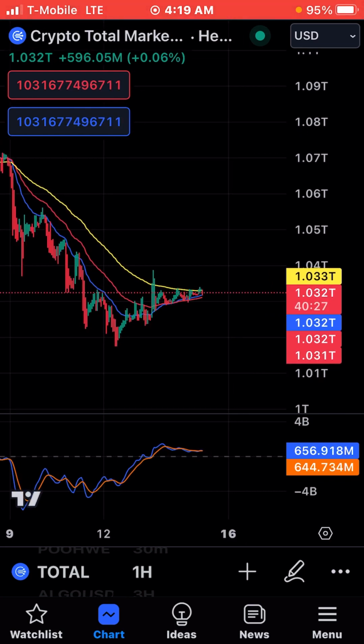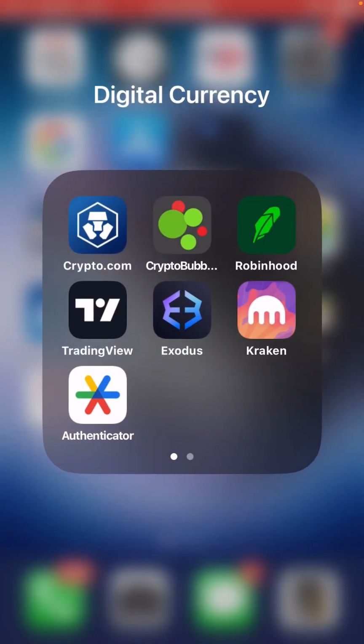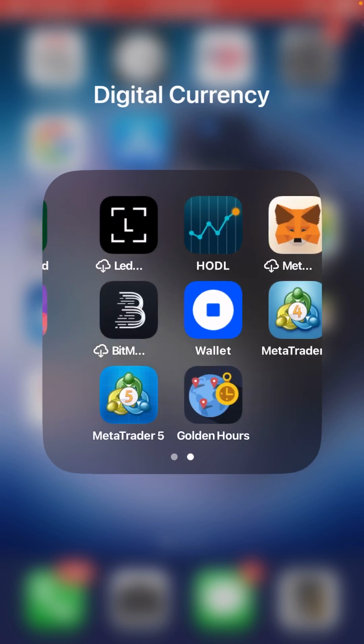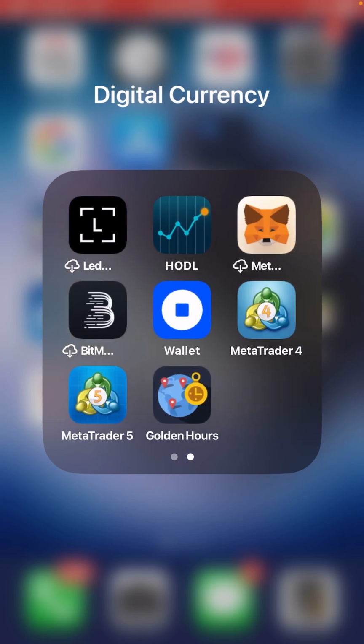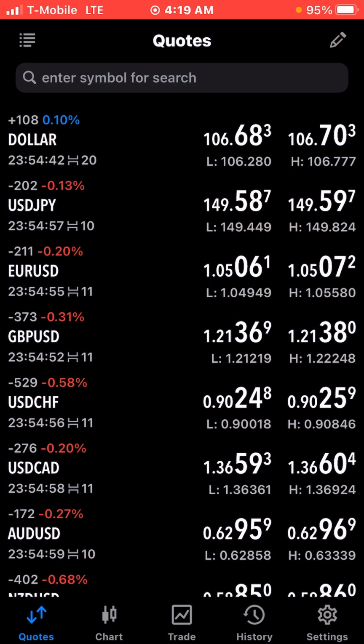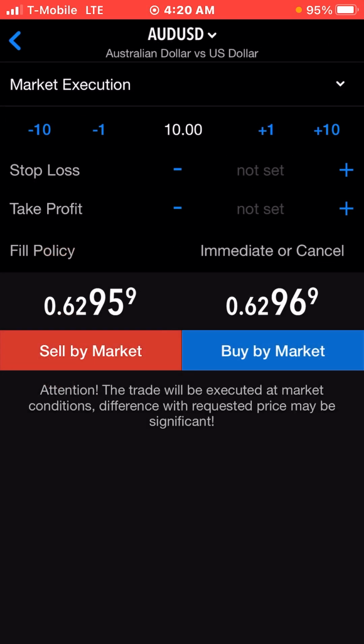The next step is to get set up to trade the dollar. You need to open a MetaTrader 4 or MetaTrader 5 account. Make sure you find the dollar and have it added to your list of things you want to trade.